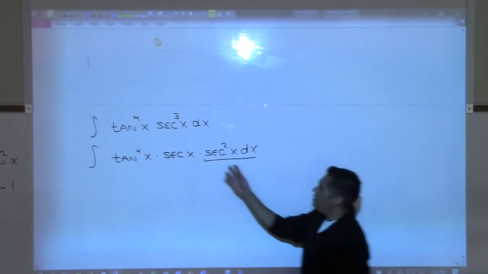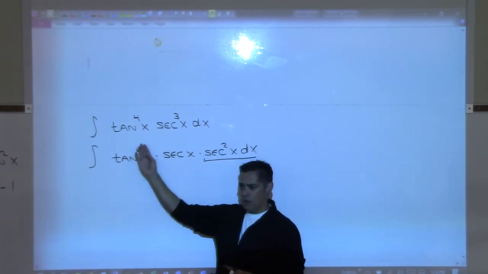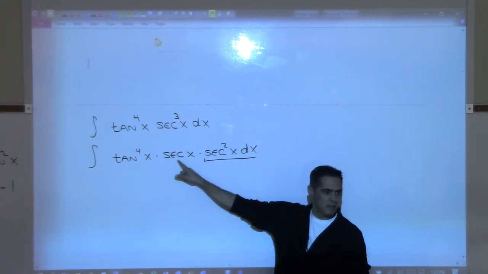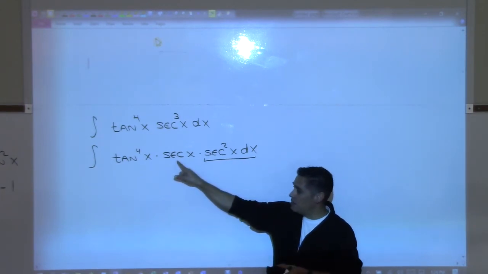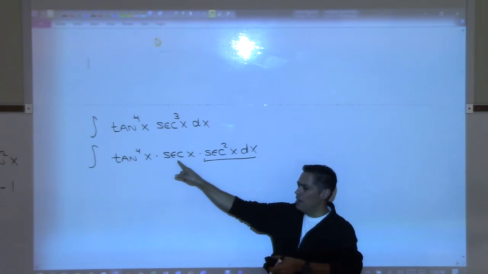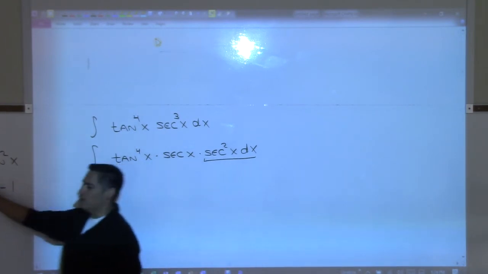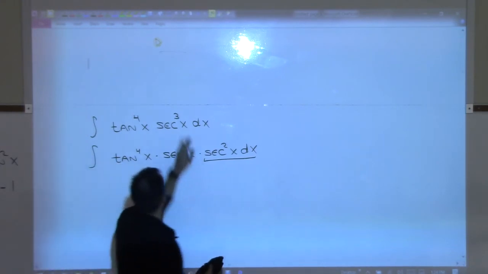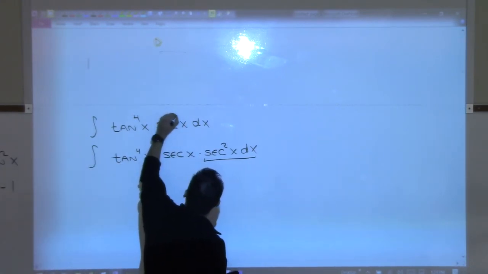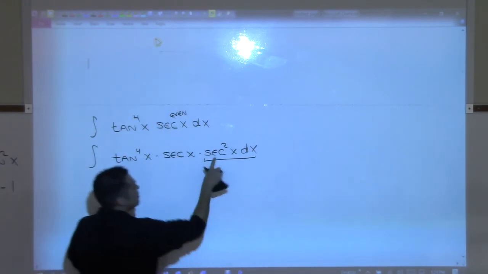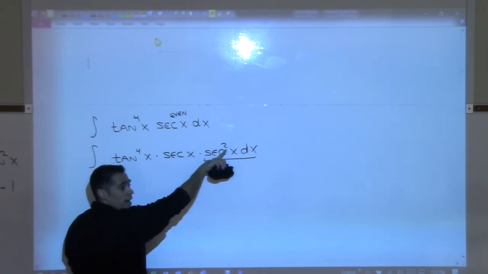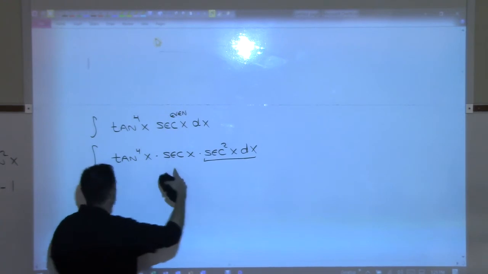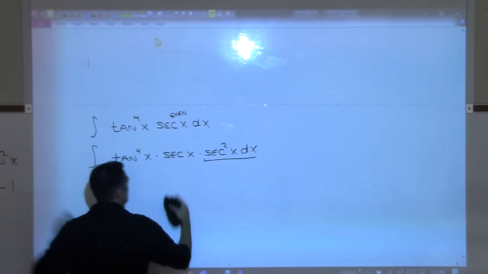So you're going to be able to say, all right, this is going to be u to the fourth. This is going to be du. But what about this? How do you get that to turn into something with u in it? You cannot use this, can you? No, because it has to be secant squared. So that's why it's so important that this start off even. If this starts off even, then when you peel off a squared, it's still even here, right? And then you can use this somehow.